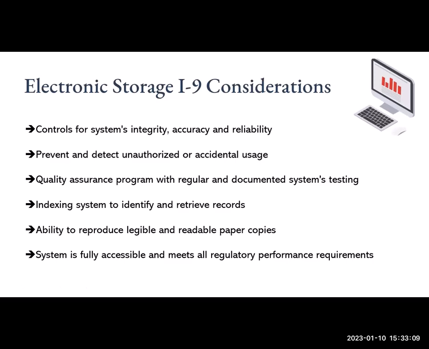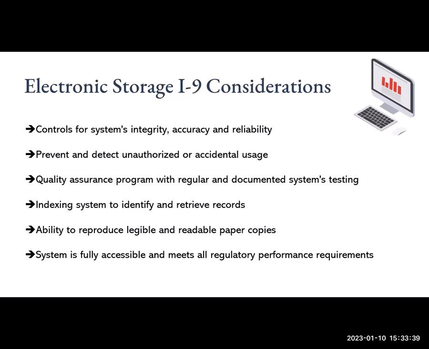Okay, these are some of the considerations, because you're probably saying, well, Giselle, you're telling me all of this, tell me more. So here is a general overview of electronic storage and I-9 considerations. You can take a picture of this, and you will get the presentation, but you can almost use this as your checklist when you're looking at a storage system: controls for integrity, accuracy and reliability of the data.